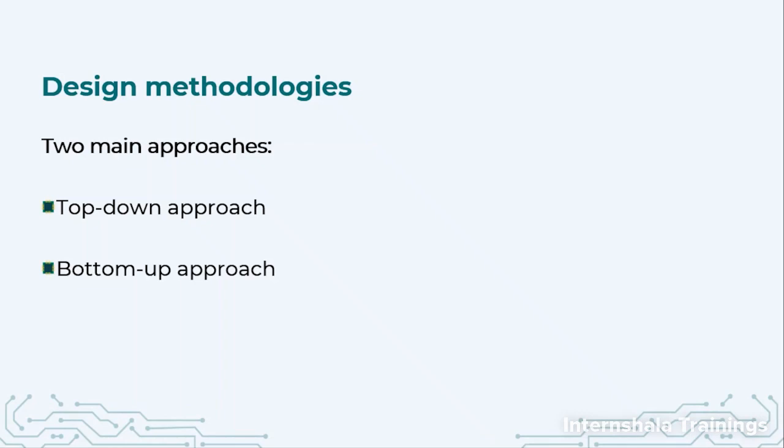Then we pick each sub-module and try to divide it further into simplest possible circuits. In the bottom-up approach, we do exactly the opposite thing. We select the bottommost, the simplest logic cells, start connecting them, and come to the top and implement the whole system. Let us understand the same with a flow chart.